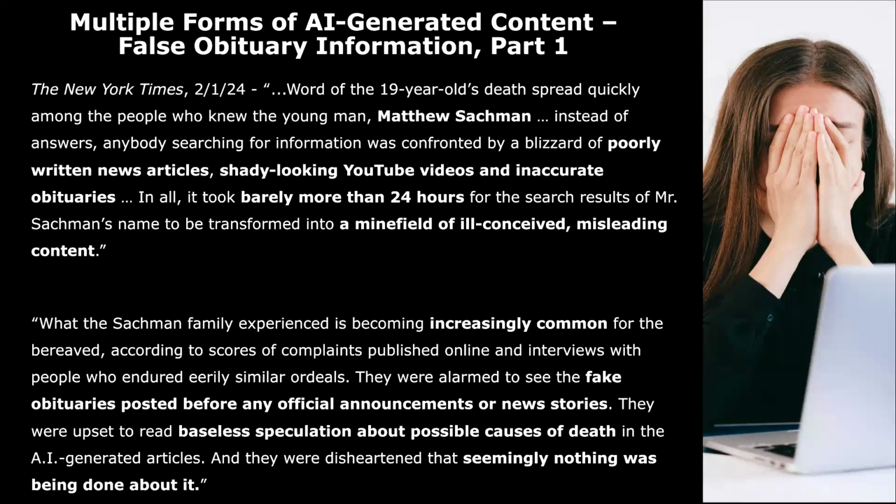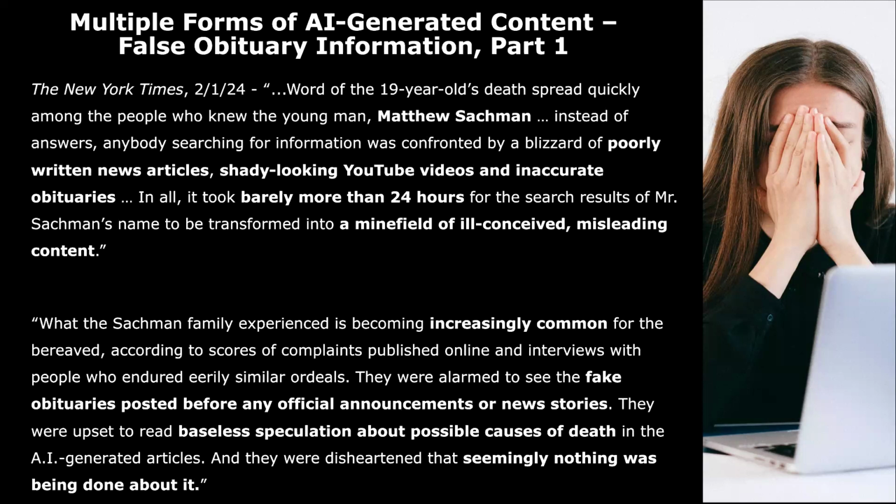Multiple forms of AI-generated content can be used at the same time to attract web users looking for a specific topic, such as obituary information for the recently deceased. One instance of this approach was investigated in a February 1st, 2024 story from the New York Times. Quote, word of the 19-year-old's death spread quickly among the people who knew the young man, Matthew Satchman.